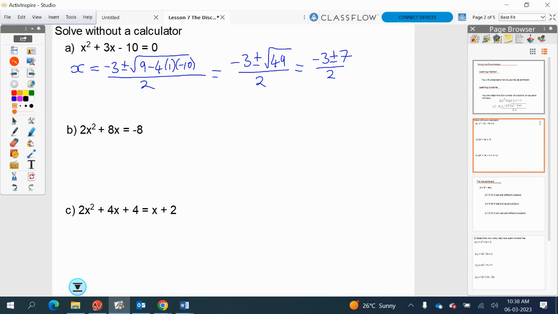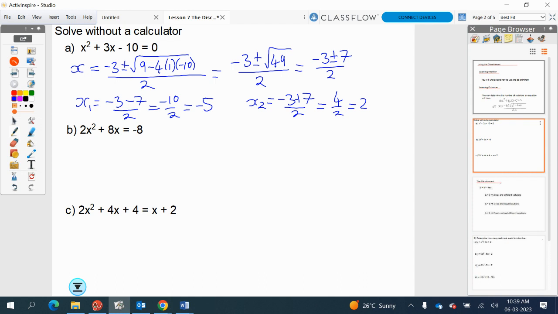We're going to get two solutions. x1 is equal to minus 3 minus 7 over 2, minus 10 over 2, minus 5. x2 is going to be minus 3 plus 7 over 2, 4 over 2, which is equal to 2. Notice we have two solutions on this one.